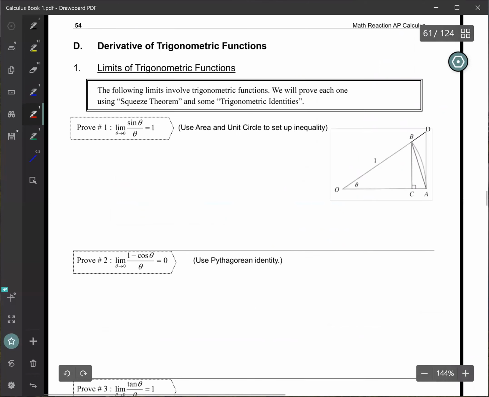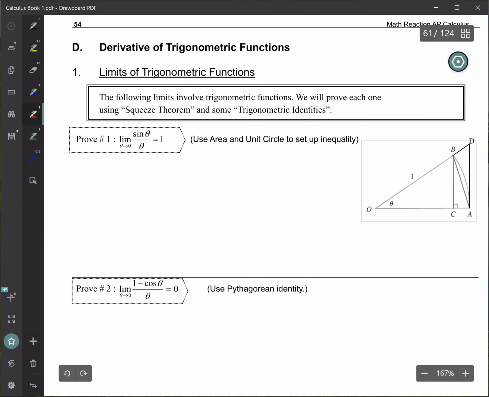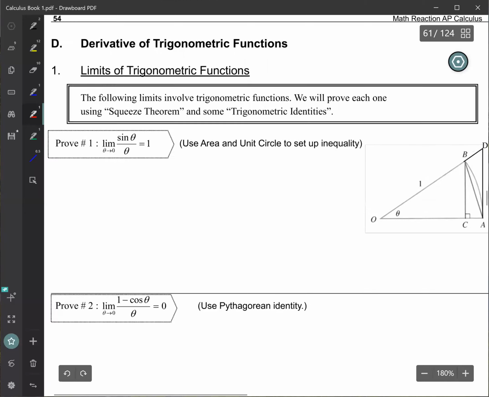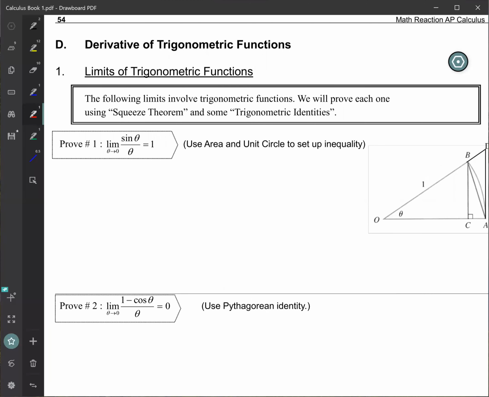Right, so let's start from here, derivative of trig function. First we need to talk about some limits. The first one is saying that if we take the limit of sine theta over theta, and we make the angle as close to 0 as possible, then those two will equal each other.